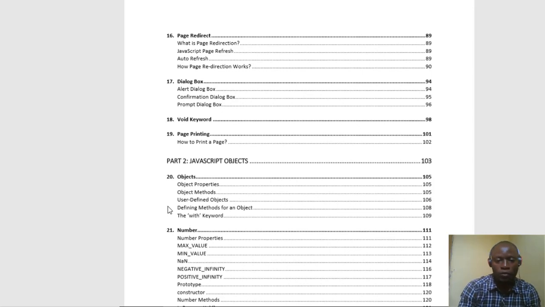But I would have loved to first treat or introduce you to JavaScript objects before moving on to the document object model, so that you will have some knowledge of object-oriented programming. Okay, so you are going to join me in my next lecture, but you should be expecting either JavaScript objects or the document object model. Okay, so thank you once again for joining me on this lecture.